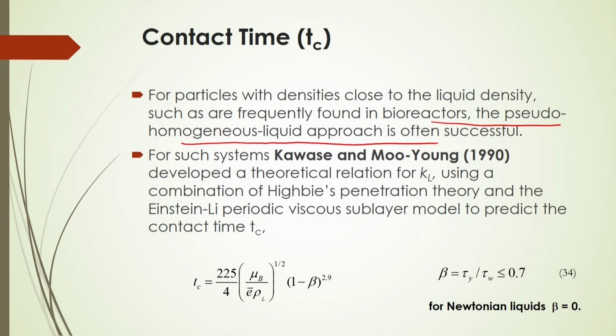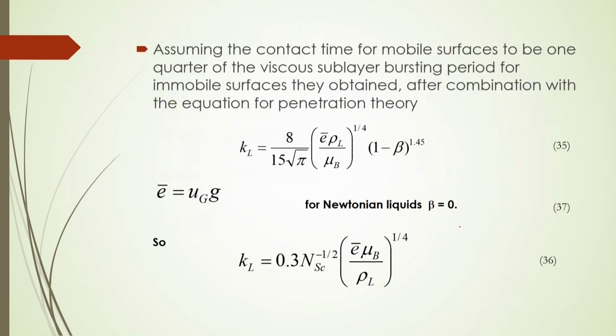Very interestingly, this contact time depends on the viscosity of the base fluid and also the energy dissipation in the fluidized bed. By equation 34, you can get the contact time.